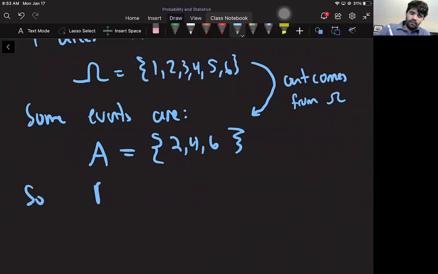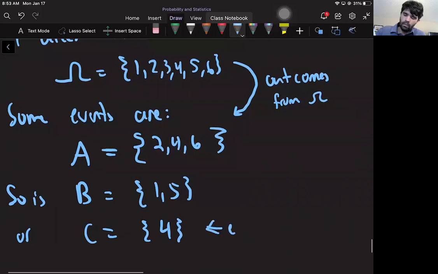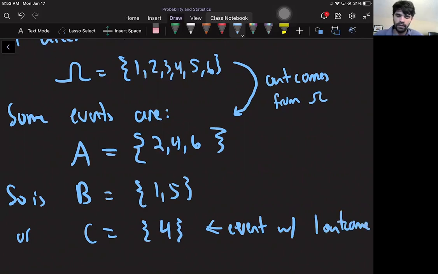So that's an event. So is this, 5, or this. You could just have one thing in it, which is kind of weird. So it's an event with one outcome in it. That's perfectly fine. It still counts because it's still a subset.